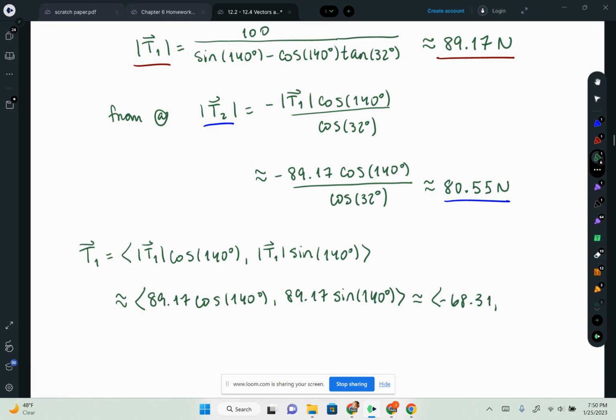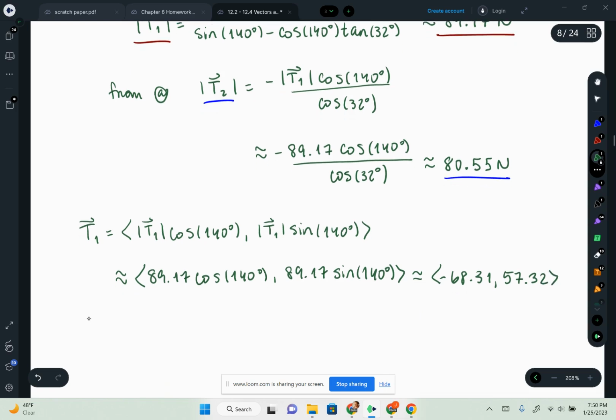And then times sine of 140. This is going to be approximately 57.32 for my y component. And then T2, I can come up with as well. It was very similar. We had the magnitude of T2 times cosine of 32 degrees, and we had the magnitude of T2 times the sine of 32 degrees.